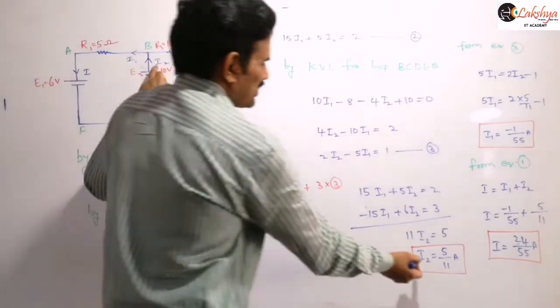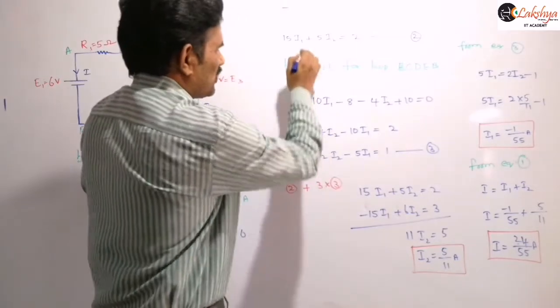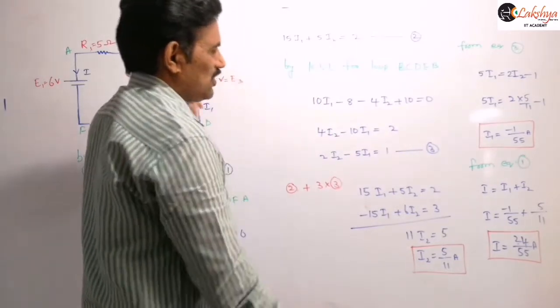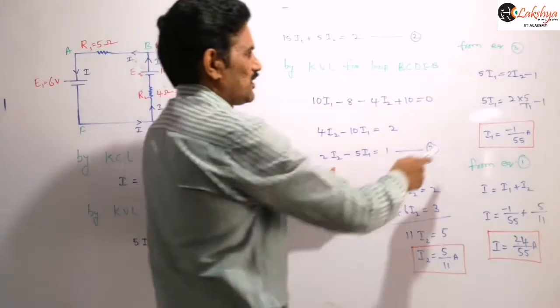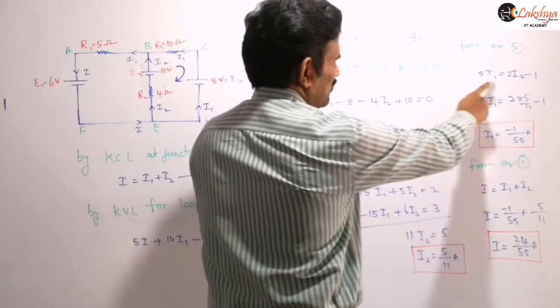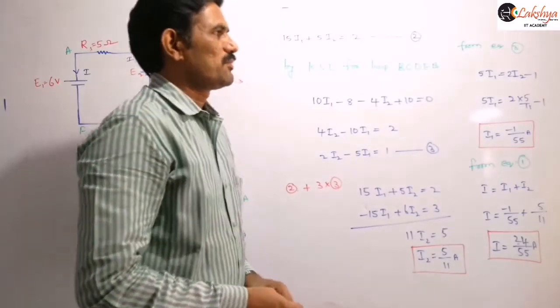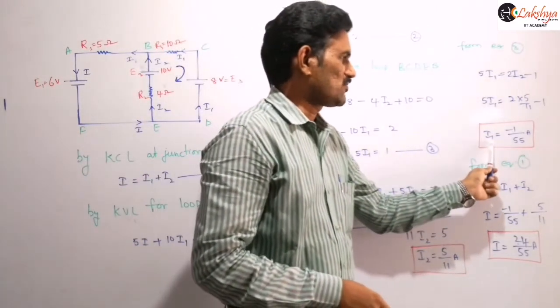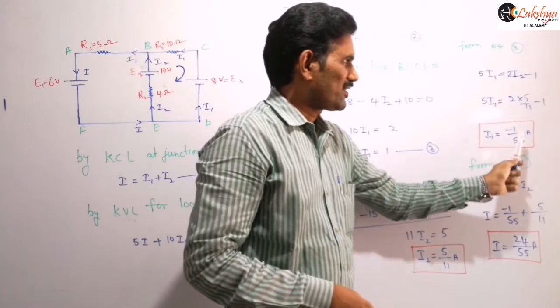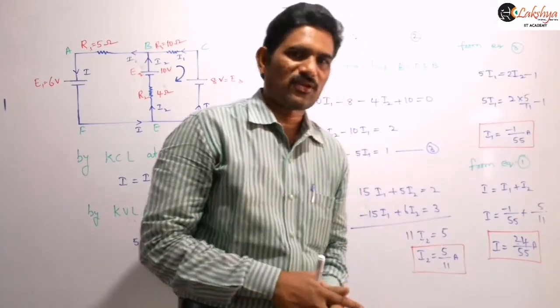Next by substituting this I2 value in either this equation or this equation, you can calculate the I1 value. So I am substituting in this equation here. From this equation I can write 5I1 = 2 - I2, and by simplifying this, we get I1 = -1/55 amperes.